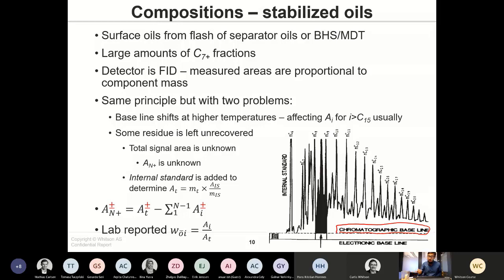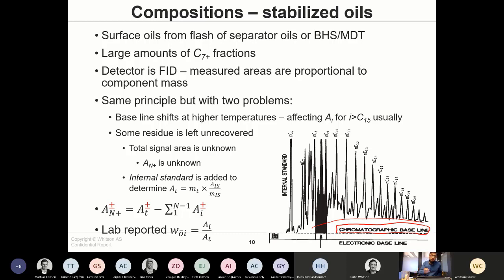You can see that the baseline starts shifting up as you increase the temperature, and you need to account for this when computing the areas. Generally, the areas of components heavier than, for example, C15 are affected by baseline shift.